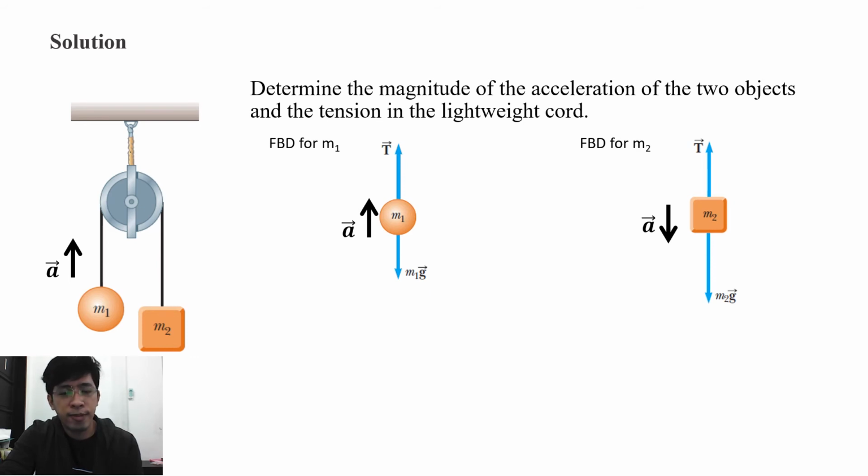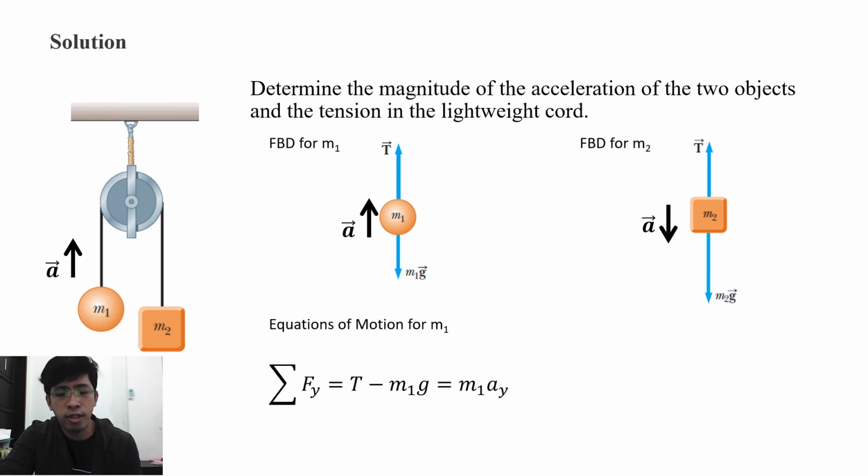So from this free body diagram, our second step in our strategy is to write the equations of motion. This is the equation of motion for m1. That is the sum of all your Fy is equal to your tension, which is positive, exerted upward, plus the negative of your weight. So you have your tension minus m1g, that is equal to your m1ay.